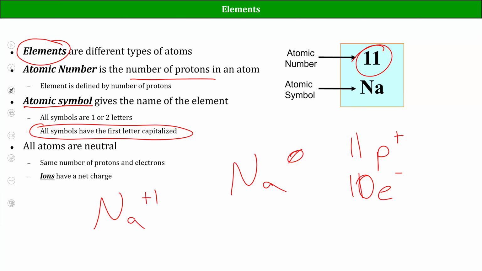For instance, if I wrote Sc, that's scandium, capital S, lowercase c. If I write SC, that's a sulfur attached to a carbon. So we have to be careful with our capitalization.